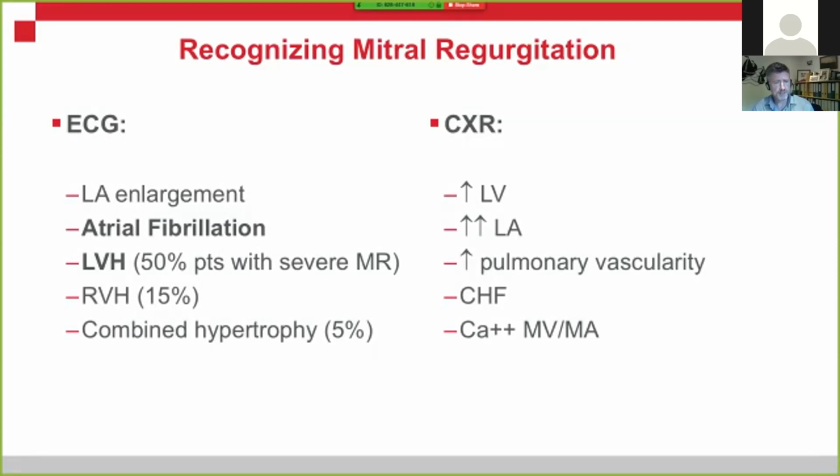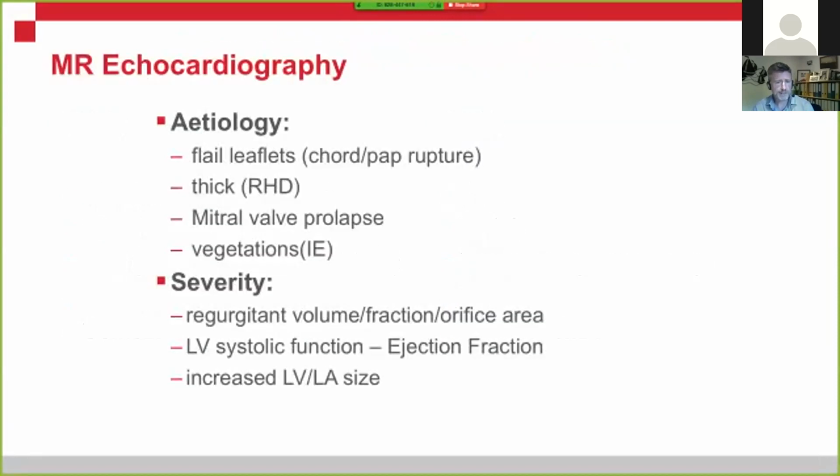On chest X-ray, you may see signs of increased pulmonary vascularity, increased cardiac size and cardiomegaly, or even signs of heart failure. And if there's significant calcium around the mitral annulus or the mitral valves, that may well be evident on X-ray. The key test, though, investigation-wise, is echocardiography.